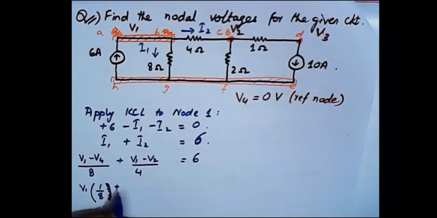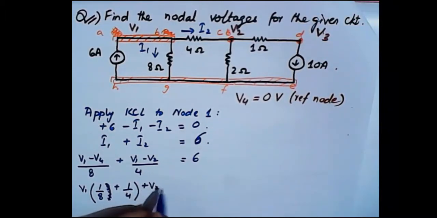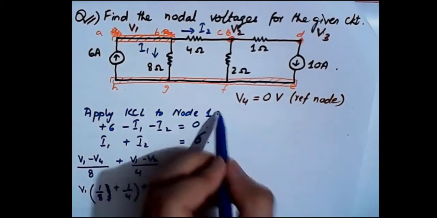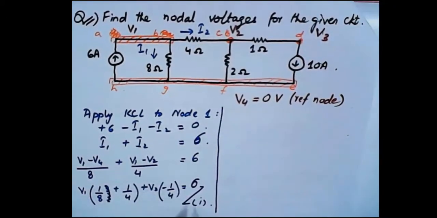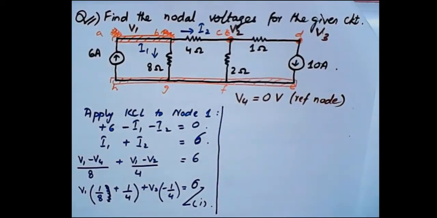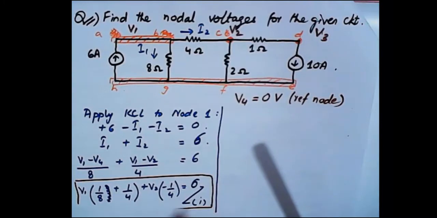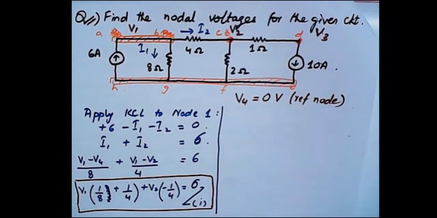So 1 upon 8 plus 1 upon 4 times V1, plus V2 times minus 1 upon 4, is equal to 6, and this will be your equation number 1. I hope it is clear now. Basically, equation number 1 in this question is the same as the previous question, right?